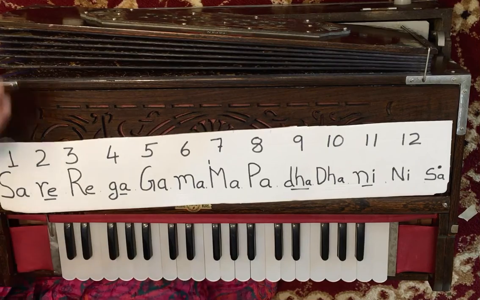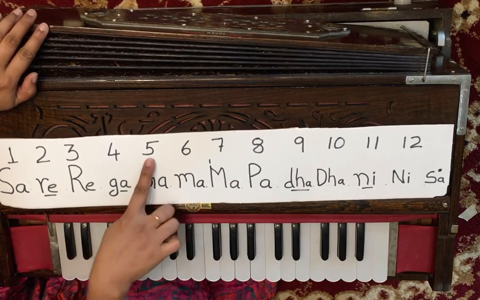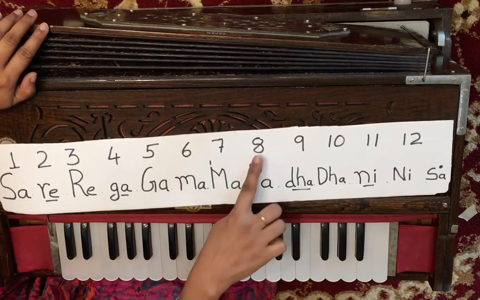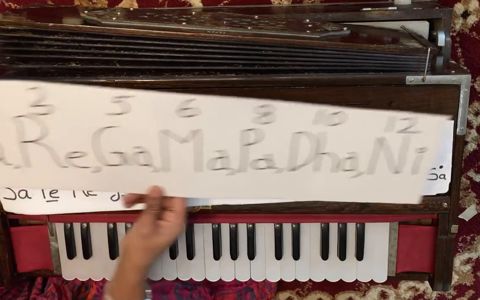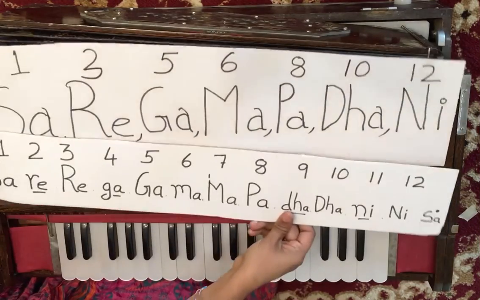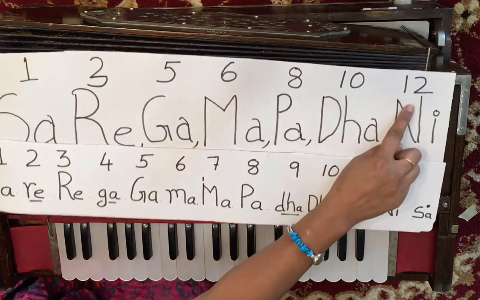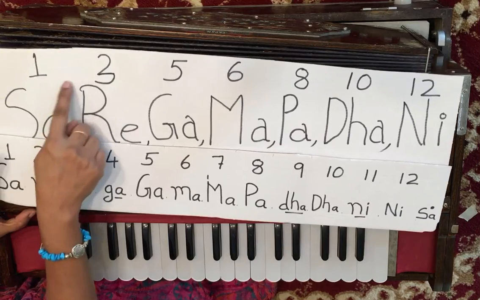So we talked about 1, 3, 5, 6, 8, 10 and 12 on this board. So this is what we have been playing, but there are of course missing notes here, right? What happens to 2?